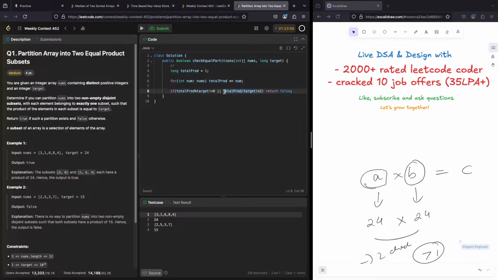This is better. Now I need to know which element should I pick, right?